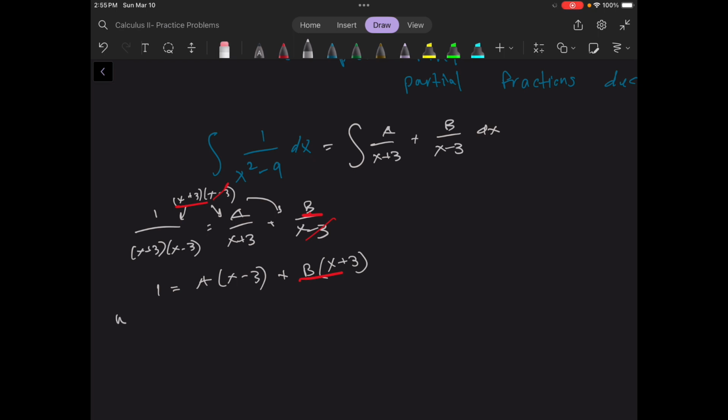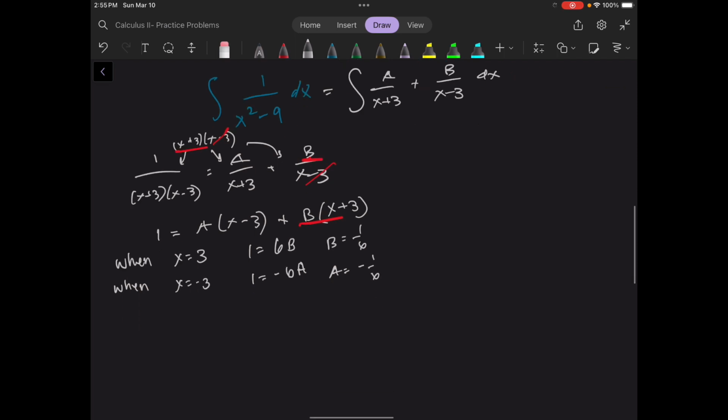Now let's use our test values of x. When x equals 3, 1 equals 6b. So b equals 1/6. And when x equals negative 3, 1 equals negative 6a. So a equals negative 1/6. Right?